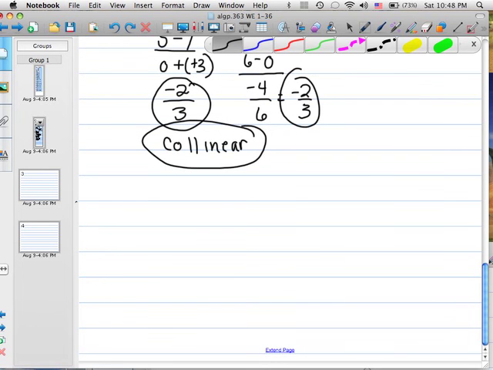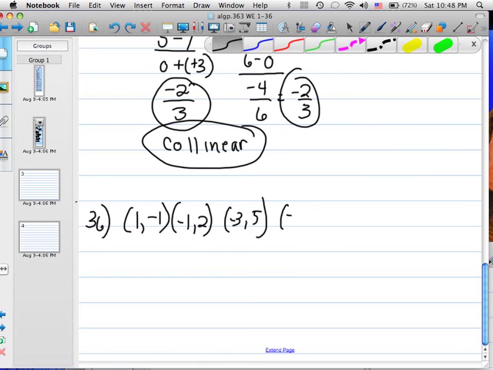And then the last problem, 36, we have 4 points, and we're checking to see if they're on the same line. Okay, the slope between these two. It's 2 minus a negative 1 over negative 1 minus 1.